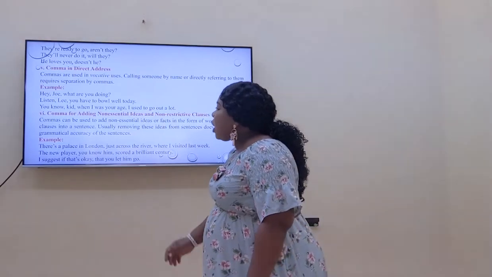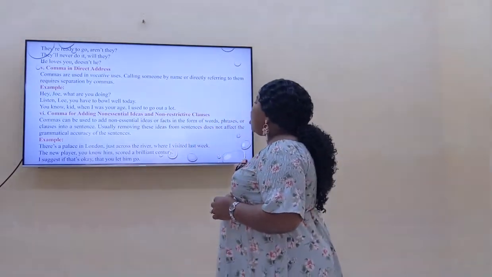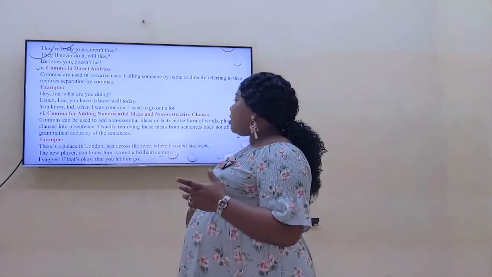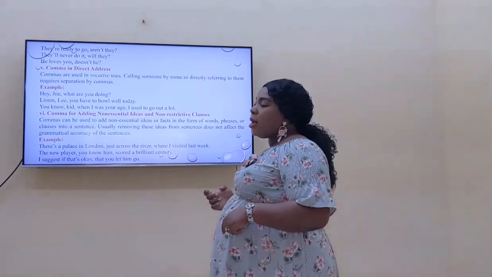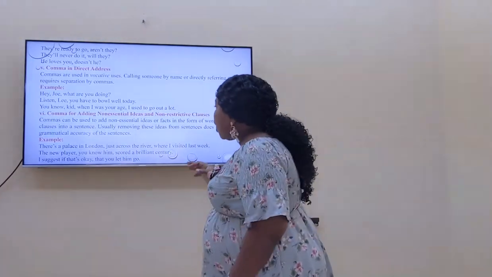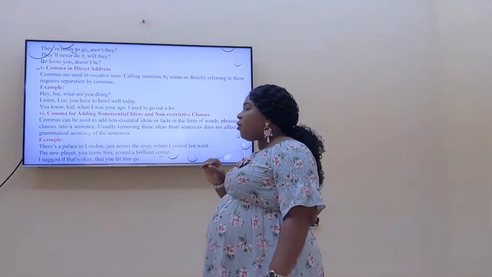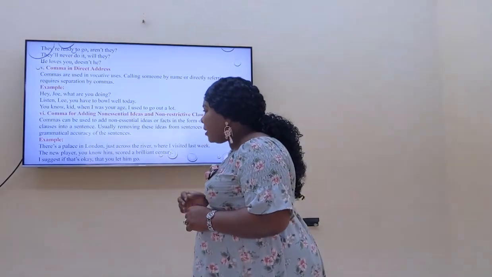The next one is comma for adding non-essential ideas and non-restrictive clauses. Commas can be used to add non-essential ideas or facts in the form of words, phrases, or clauses into a sentence. Usually, removing these ideas from sentences does not affect the grammatical accuracy of the sentence. Okay, let's see some examples.